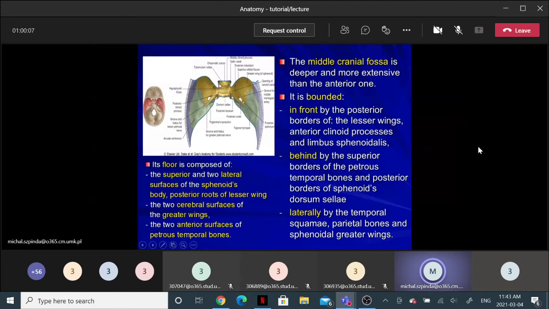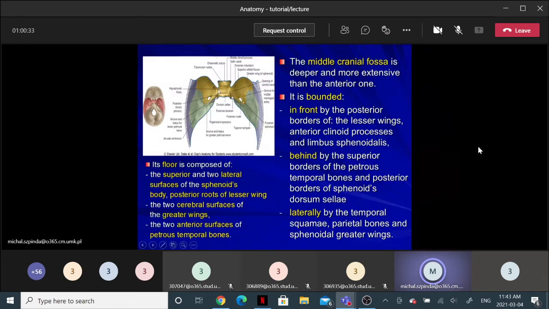Both the superior orbital fissure and the optic canal communicate with the orbit. Both are separated by the optic strut, the posterior root of the lesser wing.